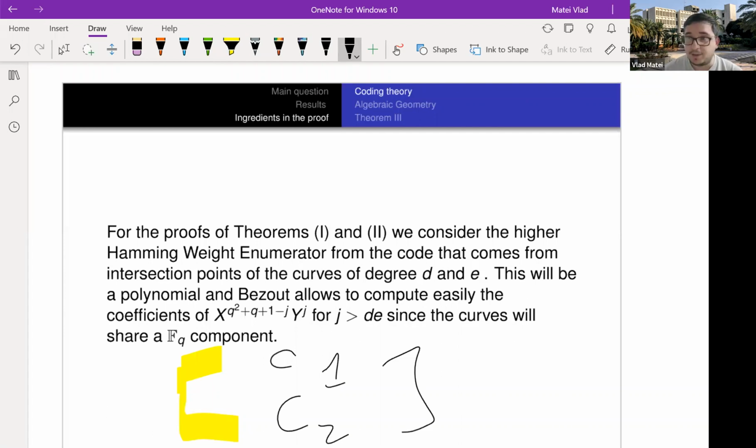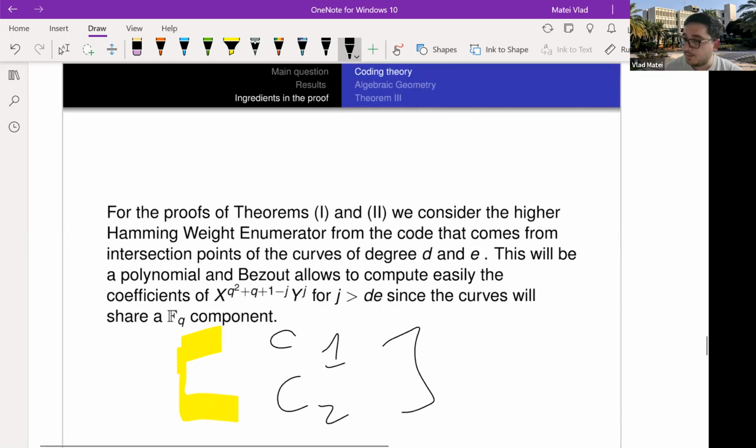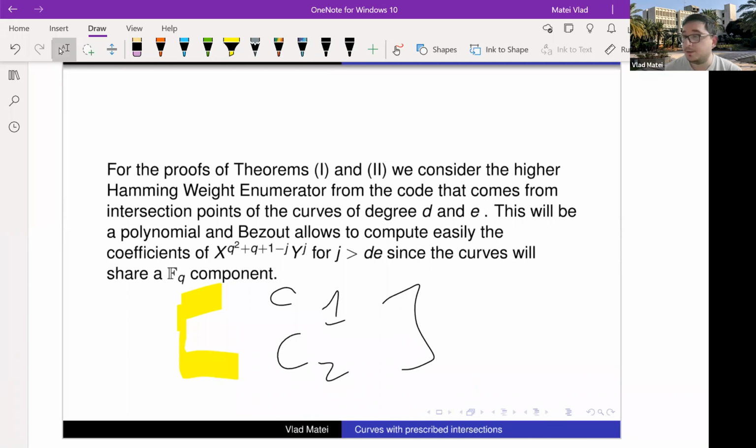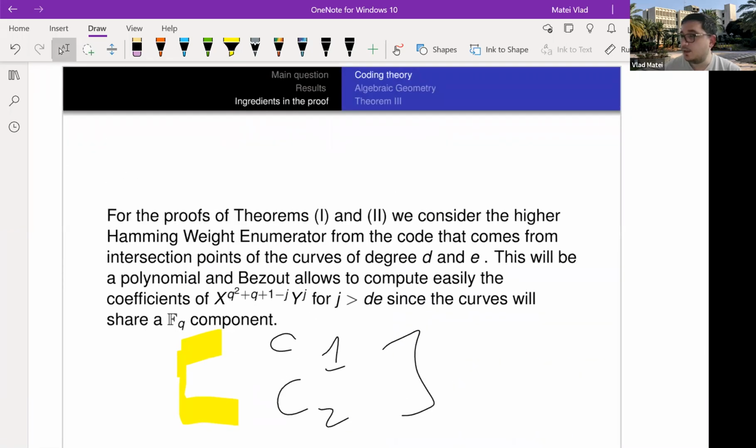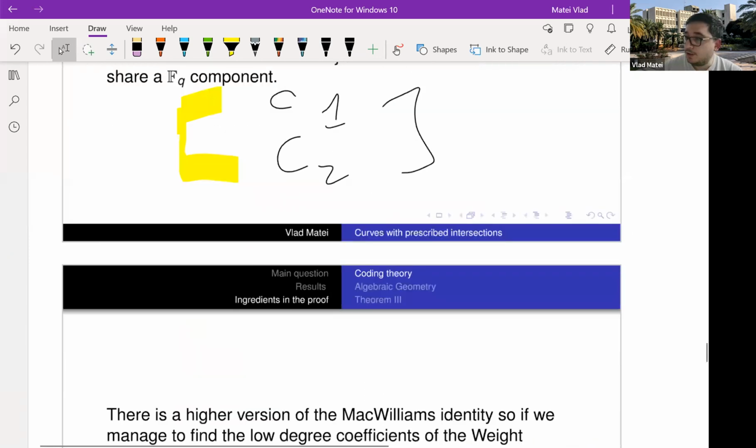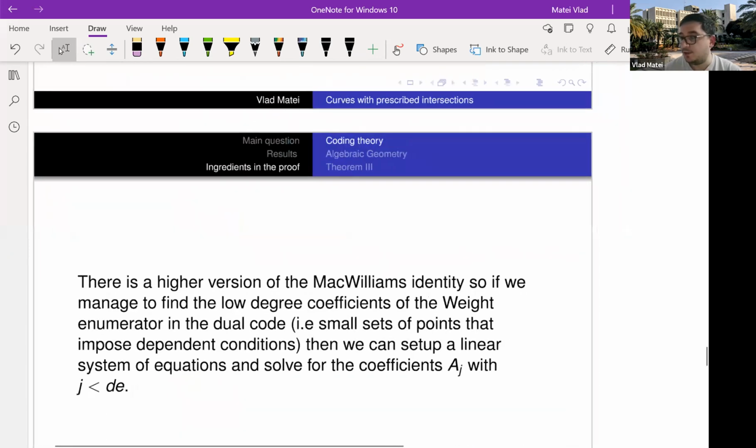And you can define the weight in a similar way, which counts the non-zero columns. And then we're left with, in our count, Bezout allows you to do the high weight coefficients because you share common components. And for the low weight coefficients, we're going to do some linear algebra. So we're going to go to the dual, and we have to understand basically small sets of points that impose dependent conditions. And then the computer helps us solve this linear system that comes out.